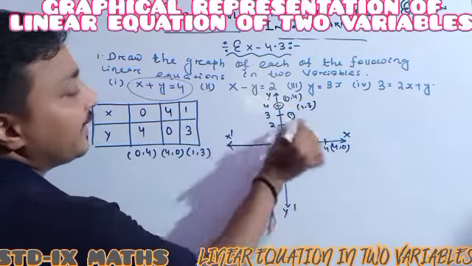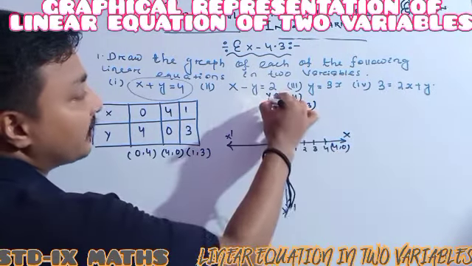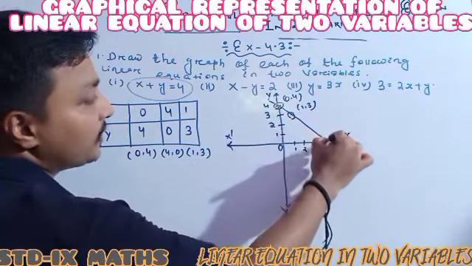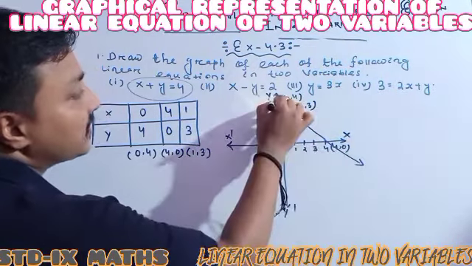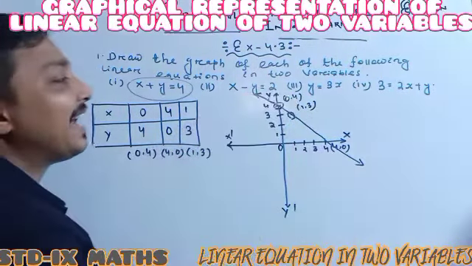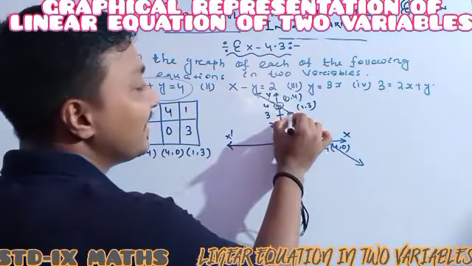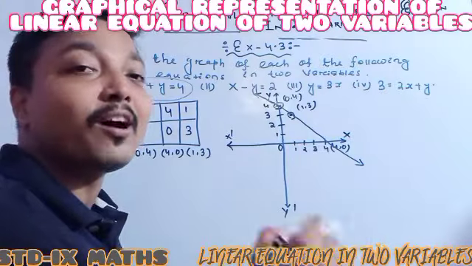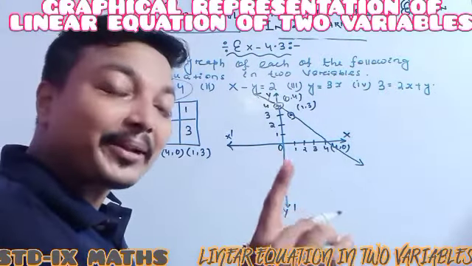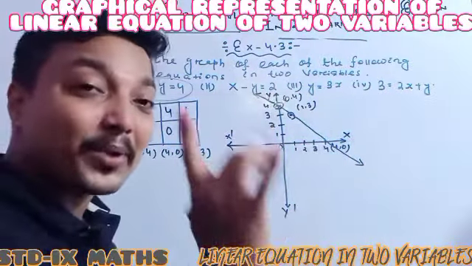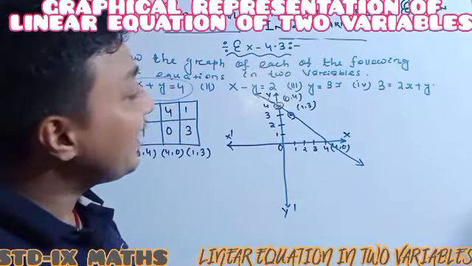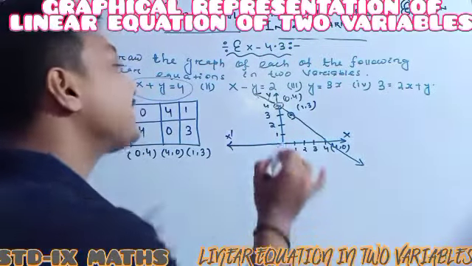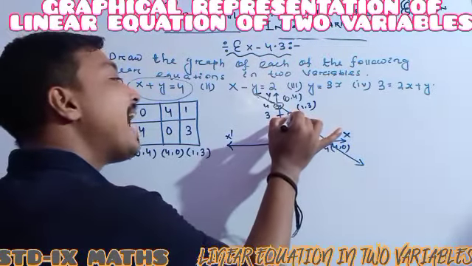You can see, by joining the 2 points we can draw the graphical representation, but here for checking purposes I have taken another solution. Just see, the other solution also lies on the line. According to our first property, whenever you get any solution, it should lie on the line.